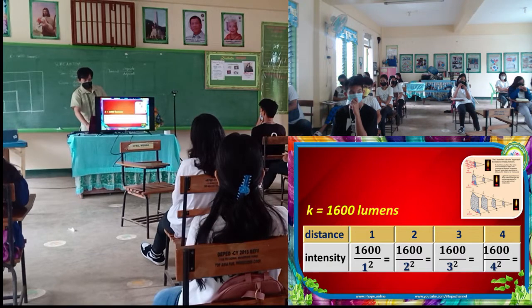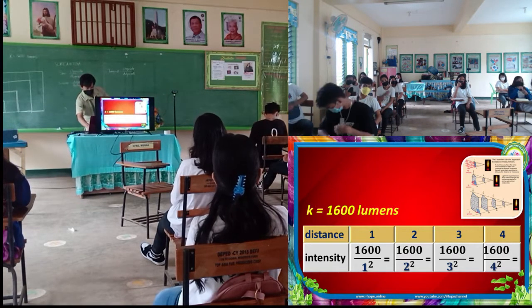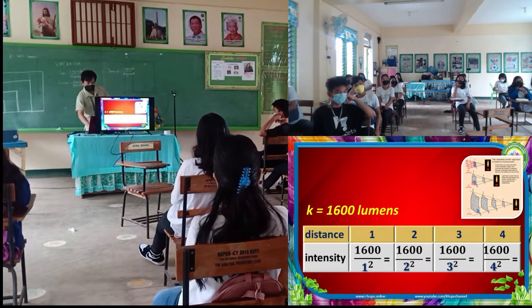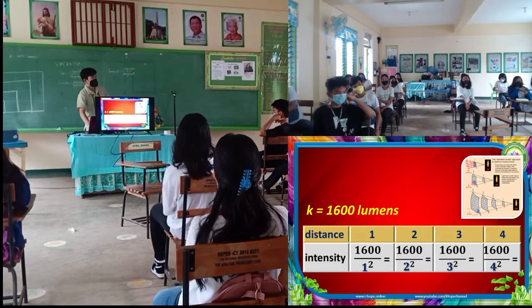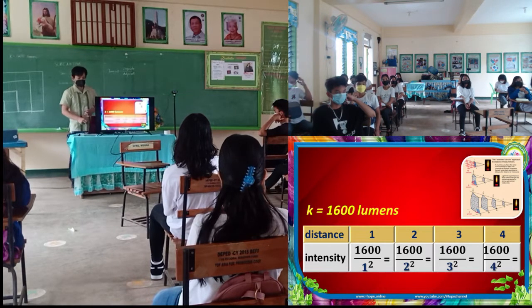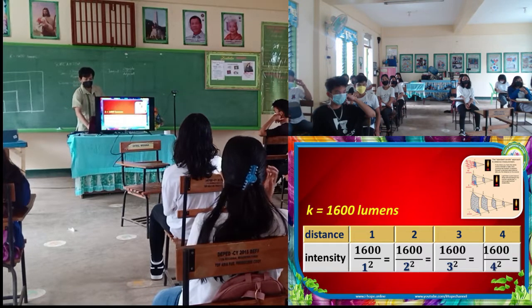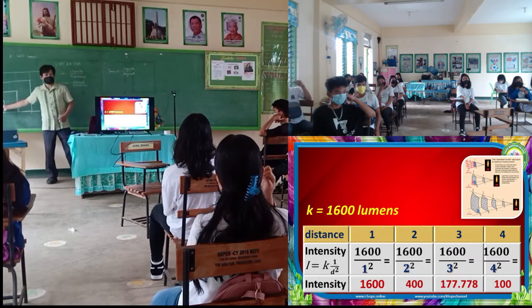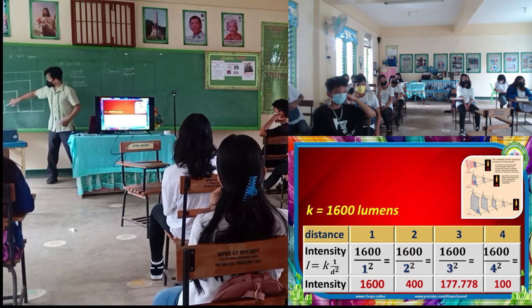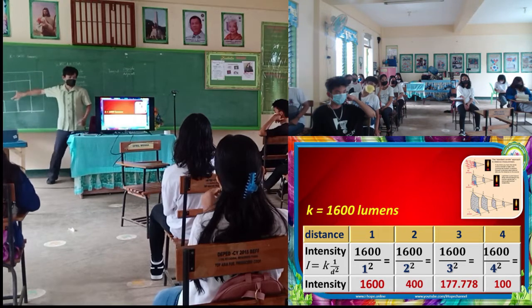Sa ini siya mga table, makita ninyo, distance niya 1, 2, 3, 4, and then ang iya divisor is square of the distance lang. So, kung compute na siya, dire ang iya intensity is 1,600 lumens, while dire ang kada usa niya part, ang iya intensity is only 400 lumens.